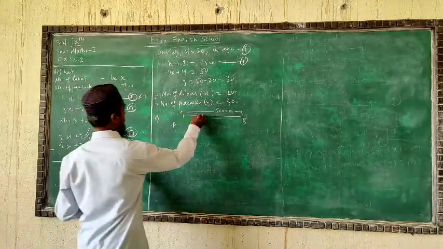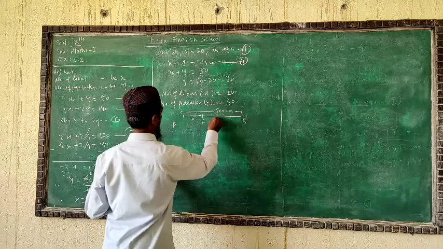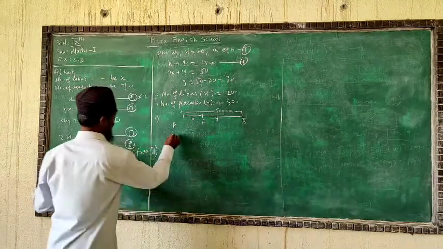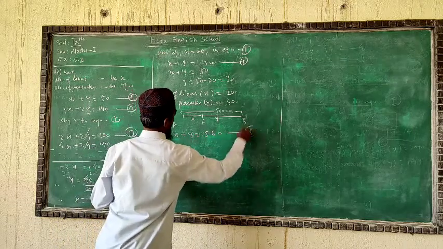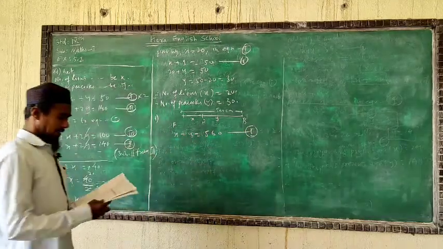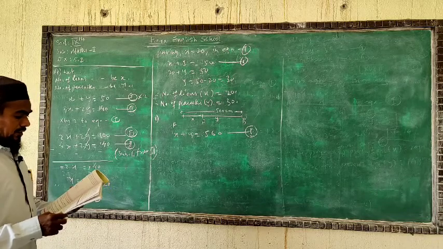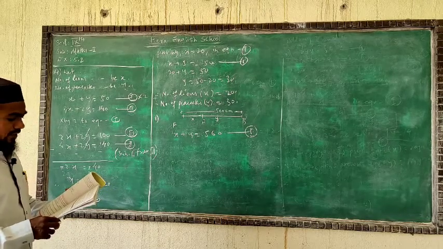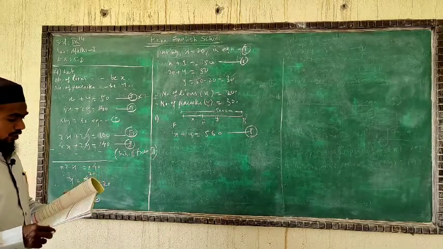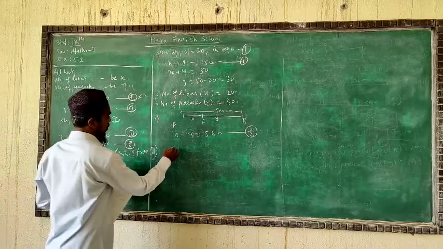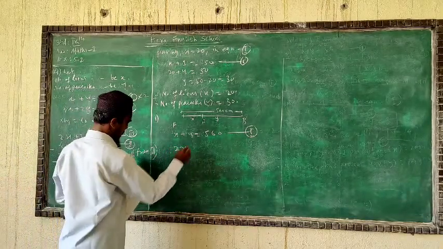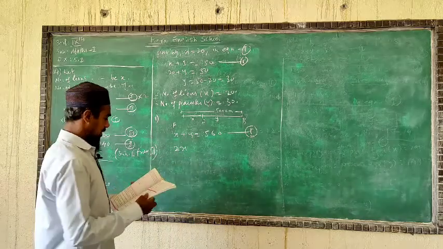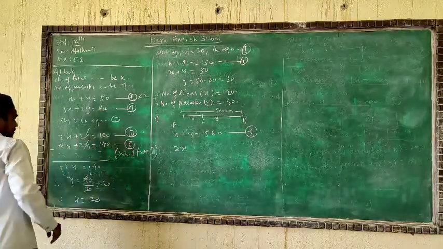Suppose one length is x and the other length is y, meaning both added, x plus y, you will get 560. And given next equation, such that twice the length of the smaller part. Length of the smaller part will be x, twice the smaller part means twice of x, and one-third of the greater part will be equal.